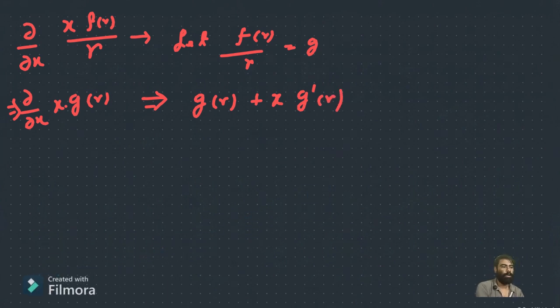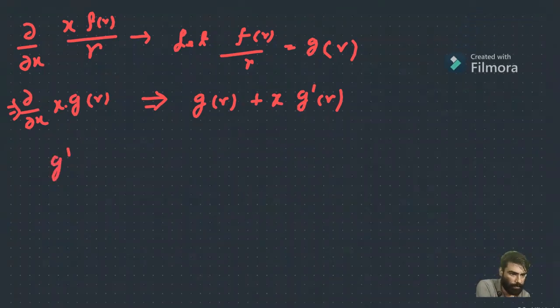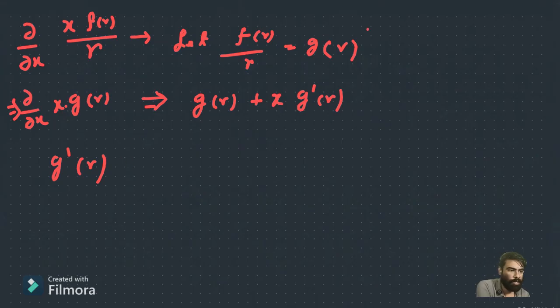Now we know the value of g(r), but we don't know the value of g prime(r). Let's find the value of g prime(r). What is g prime(r)? g(r) is equal to f(r) by r. We can use the quotient rule, and you can also use the product rule.